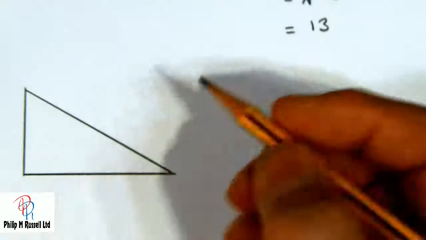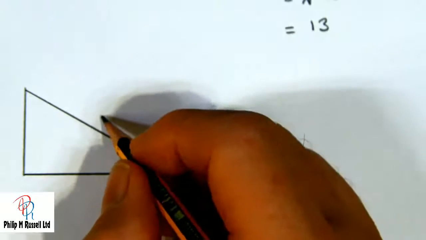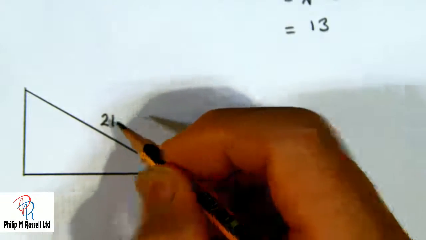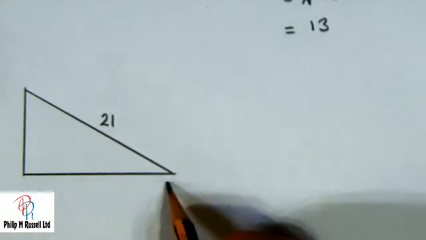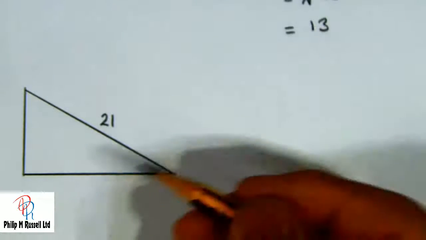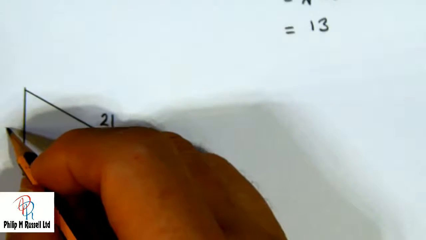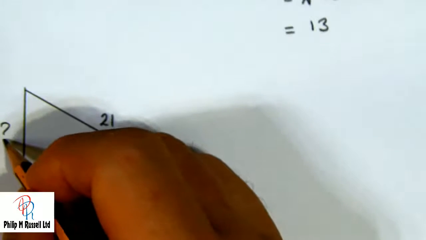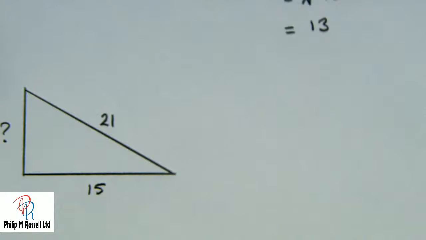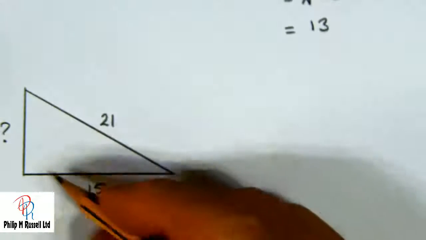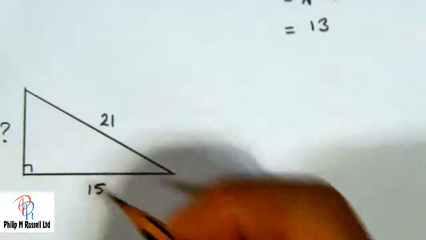So let's give us a hypotenuse. We'll make up a number, 21. And this side is going to be, we'll say 15, and I want to work out what this side is going to be. Now for this we're going to need a calculator to help us.